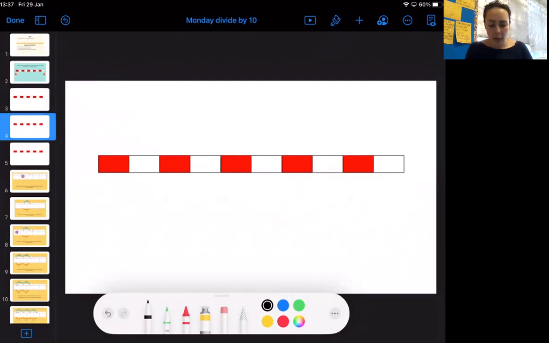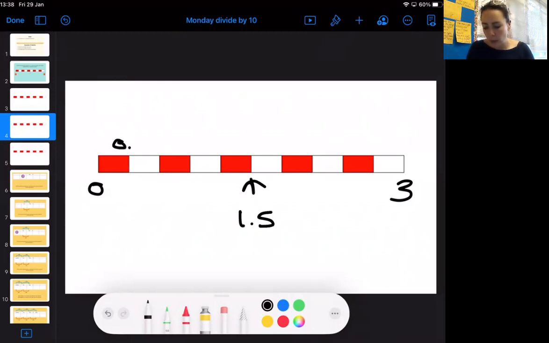Let's have a look at another counting stick. This counting stick starts at 0 and it ends in 3. Have a think what might be halfway between those and see what this counting stick is counting in. Pause your video now. So the midpoint of this counting stick is 1.5 and we are counting today in 0.3s.